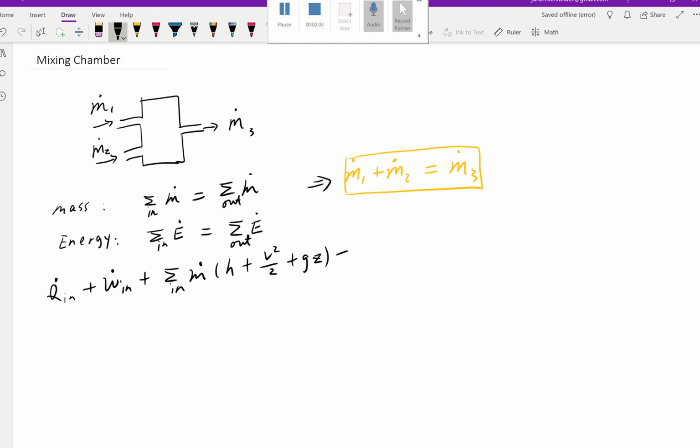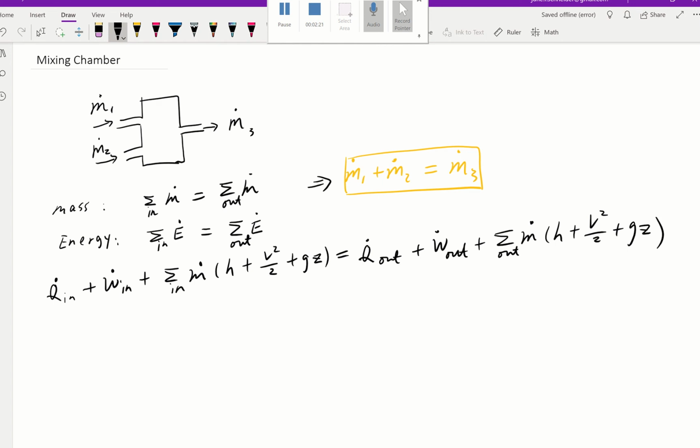On the right side will be all the outlets: potentially heat going out and work going out, then all the outlet mass flow rates times h plus half V squared plus gz.